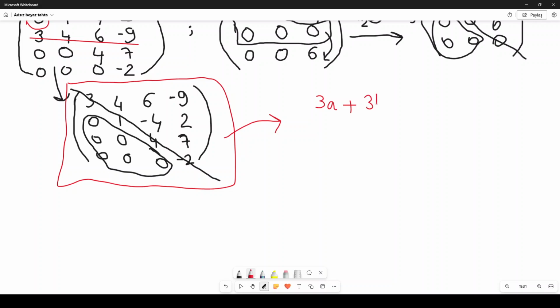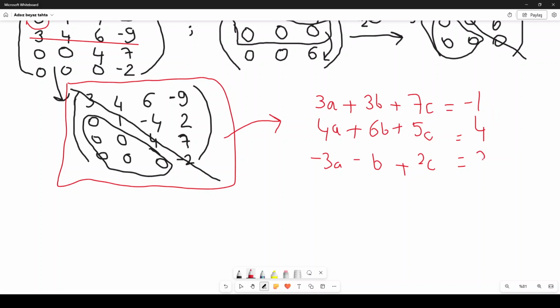Suppose this is the system of linear equations given to us. Suppose 7c is equal to -1, and 4a plus 6b plus 5c is equal to 4, and minus 3a minus b plus 2c is equal to 3.